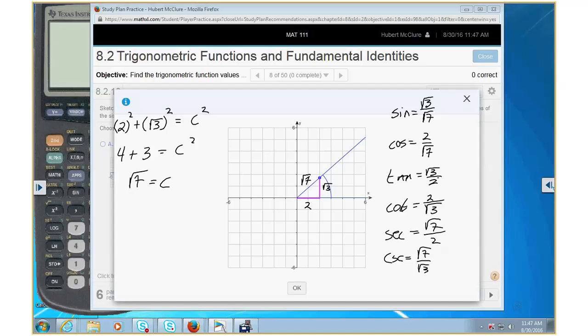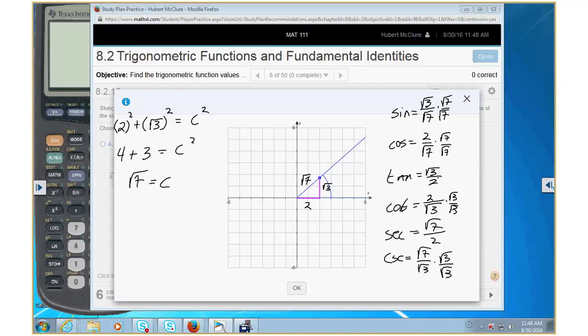So now multiply by the square root of 7 over the square root of 7. Here I've got to multiply by the square root of 7 over the square root of 7. Here I've got to multiply by the square root of 3 over the square root of 3. Here too.